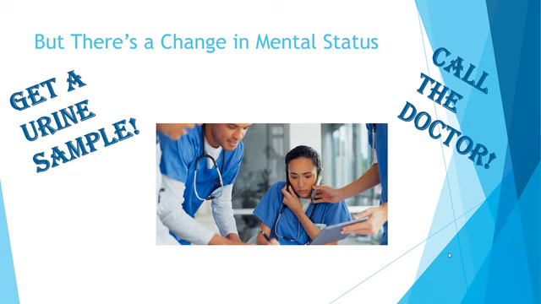Many of us were so efficient that we had the urine sample labeled and ready to send to lab, and we had already checked the e-kit supply to make sure that antibiotic was readily available. Well, guys, times have changed, and now we know that a change in mental status is often in no way related to a UTI and should not be the only criteria for suspecting a urinary tract infection.